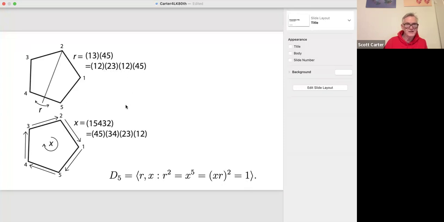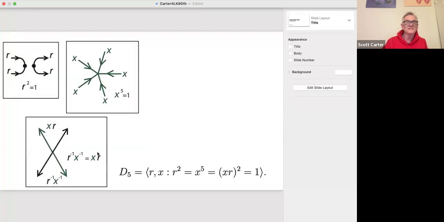And for some reason, I don't understand and I don't remember why I did this, and I'm mad at myself for doing it. I want X to be a clockwise rotation. After I realized I was doing the wrong thing, I had too many pictures drawn to change that. So these are the relations in the dihedral group. If you think about them, they're actually dual to the disks in the classifying space for the group.